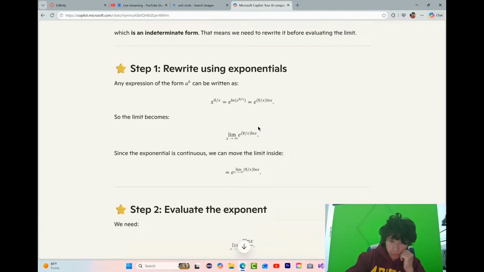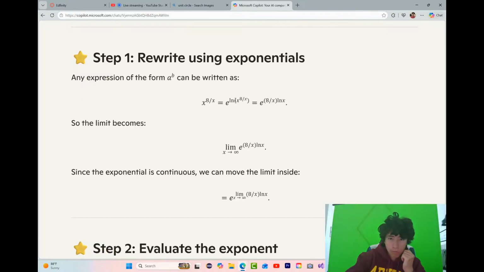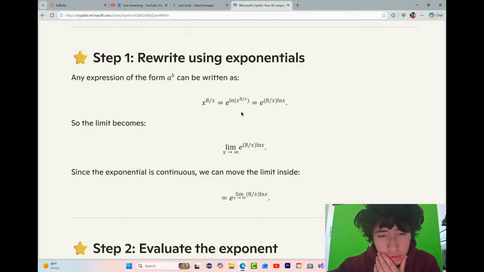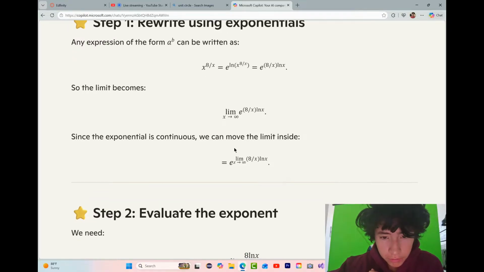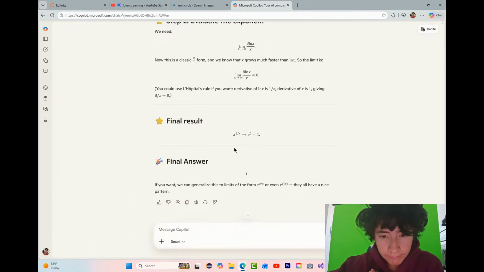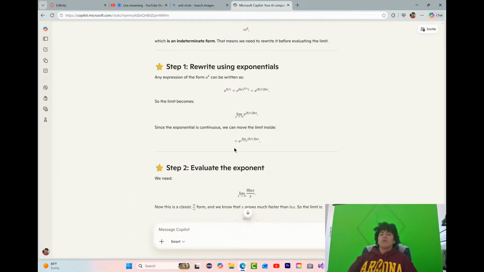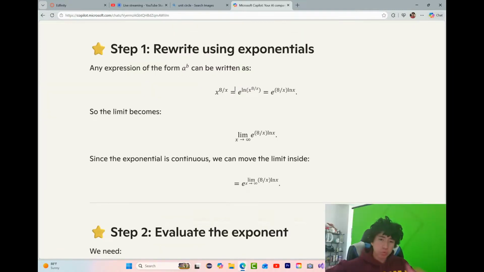Wait, isn't that wrong? Why? Natural logarithm of that. Rewrite using exponentials? What are you talking about, bro?